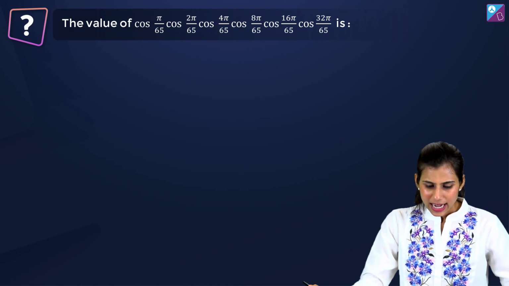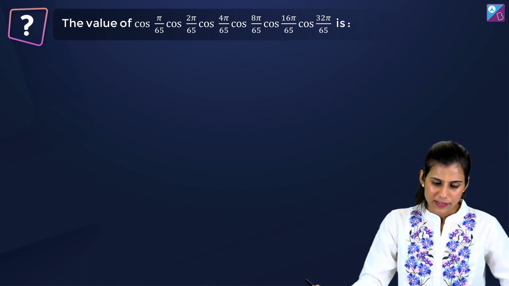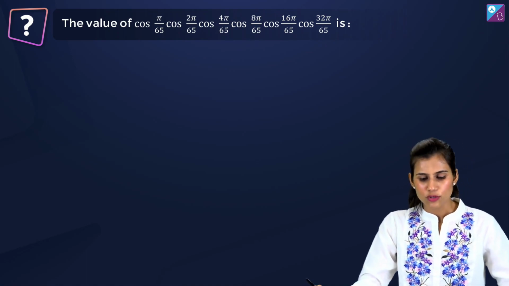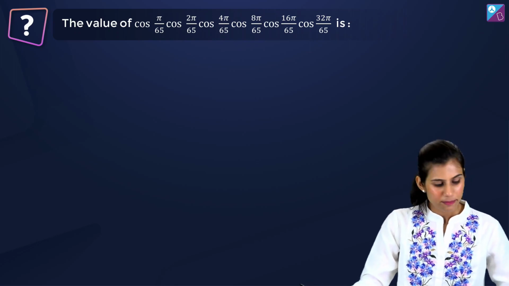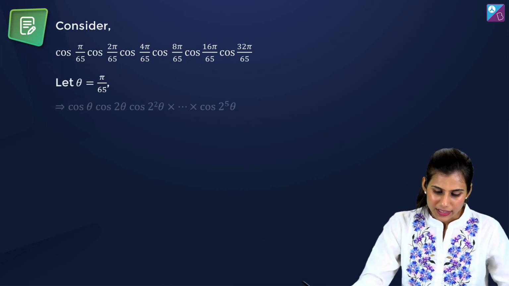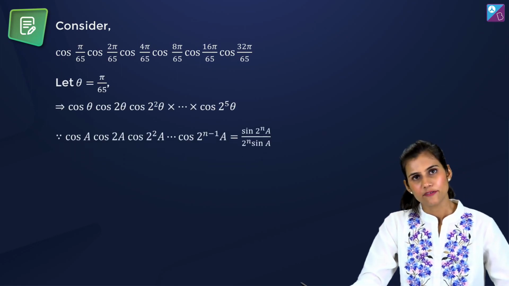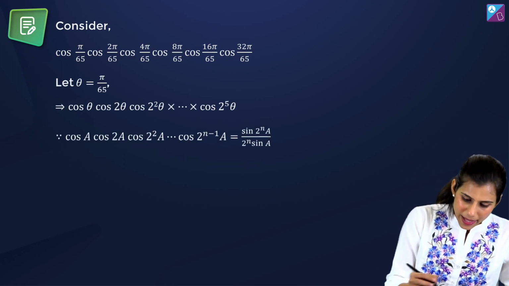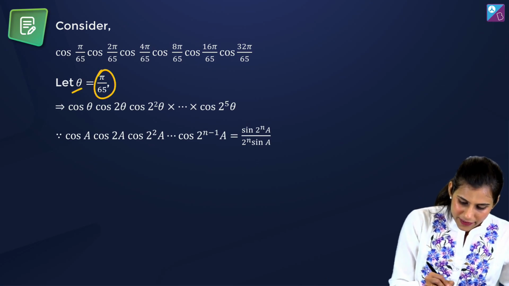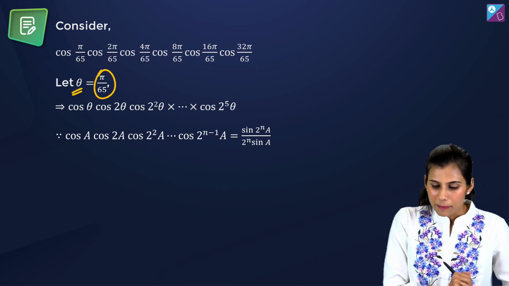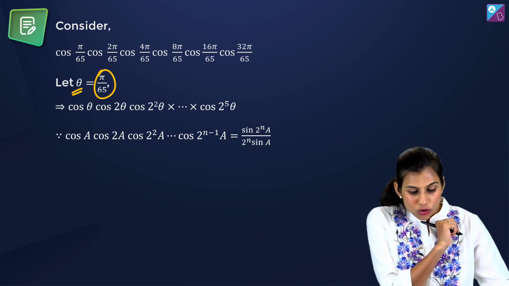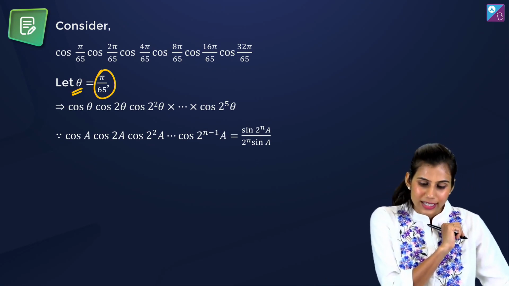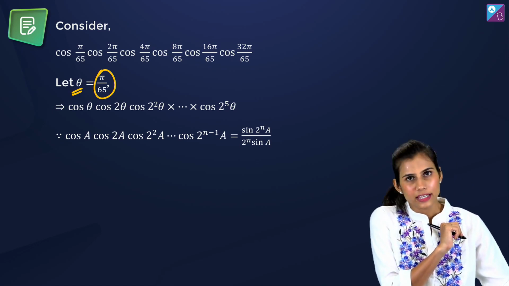So let's do that. I have cos of pi by 65, cos of 2 pi by 65, cos of 4 pi by 65, then 8 pi by 65, then 16 pi by 65, and then I have 32 pi by 65. You can clearly see that if I take pi by 65 as theta, my expression will look like cos theta, then cos 2 theta, then cos 2 square theta, and so on, cos 2 to the power 5 theta.